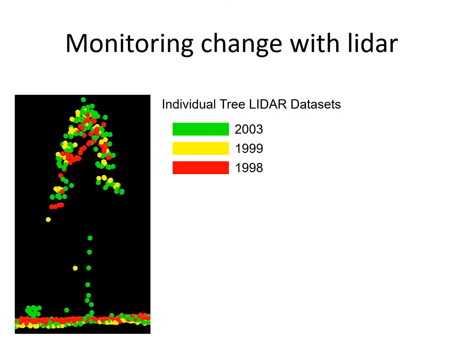More importantly, if you monitor things like change using LiDAR, you can look at the same trees over periods of time. And you can see things like down there on the ground, we've got a bush. Bush is the technical term for stubby little tree that should be cut down, in terms of forestry anyway.